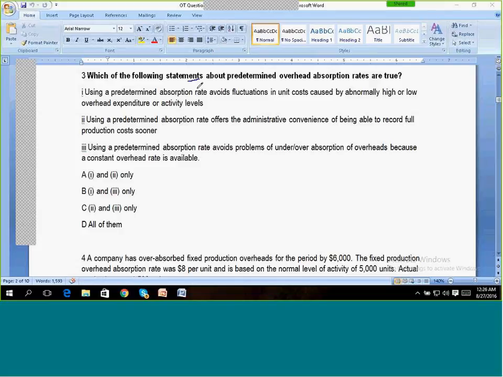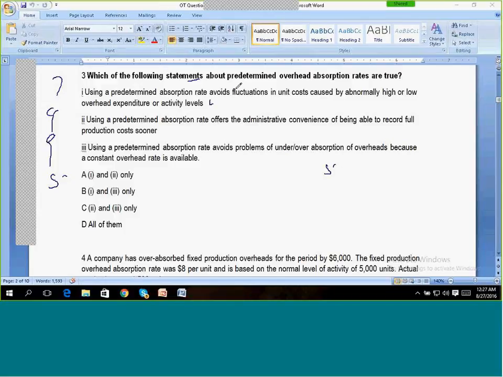If you wait to use the actual rate, once it will be $7. Next month it will be $4. Next $9. Next month $8. And it will change all the time. So to avoid that kind of fluctuation, we use a predetermined rate, which will always be 5, or 6, or whatever it may be. Unless there is a very compelling reason to change it, you will keep it as it is.